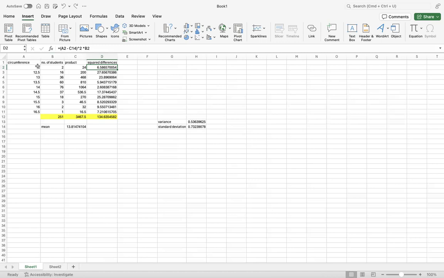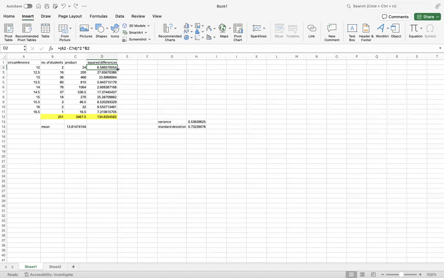So each individual A2, I'm subtracting it with the mean, A2 minus mean, and you are going to square it, whole square, into B2. The same thing you have to do for every circumference. Look at this. When you drag, what happens is instead of C14, you will see C15, C16 and all.